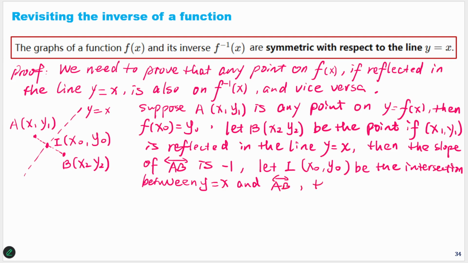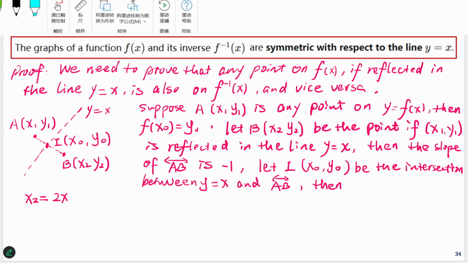Then what will happen? What do we have here? If I is a point of intersection, I must also be on y equals x, right?